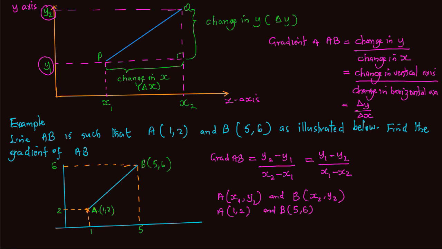And therefore, gradient of AB is equal to, substituting for x1 and x2 in the formula above, 6 minus 2 over 5 minus 1.